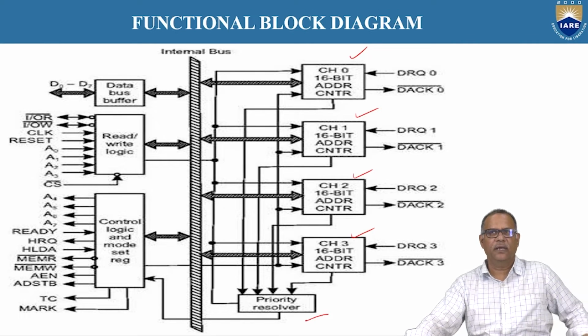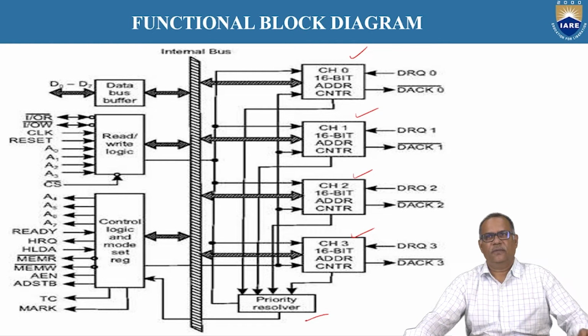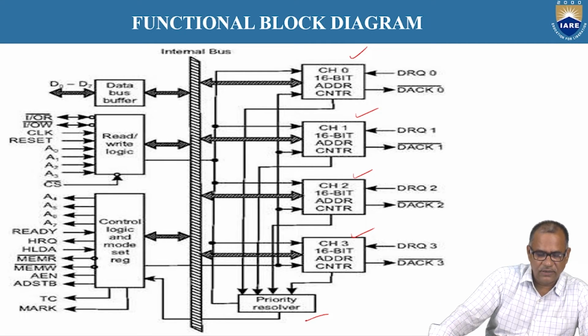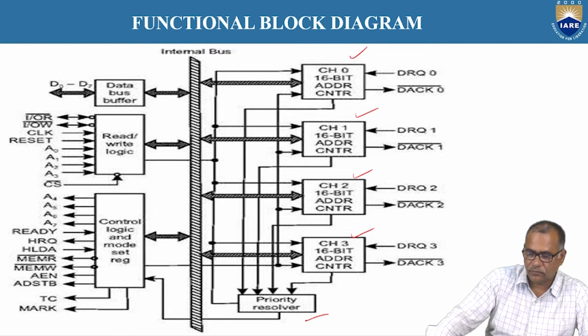And each channel has 2 registers, the address register and the counter. The formats I am going to discuss in the next slides. And we have already discussed the HRQ signal, the HLDA signal, and the DRQ signal. The DRQ signal is received from the IO device.